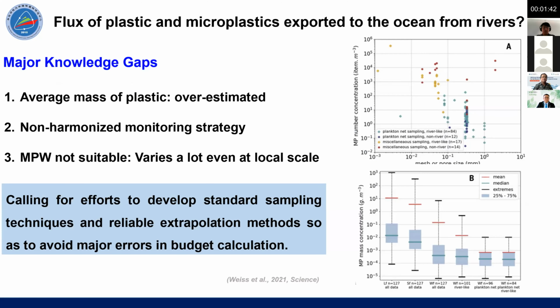We proposed three major knowledge gaps in previous studies. One is that the average mass of plastic was overestimated. The second is non-harmonized monitoring strategy. Third is that NPW is not suitable, as it varies a lot even at a local scale.